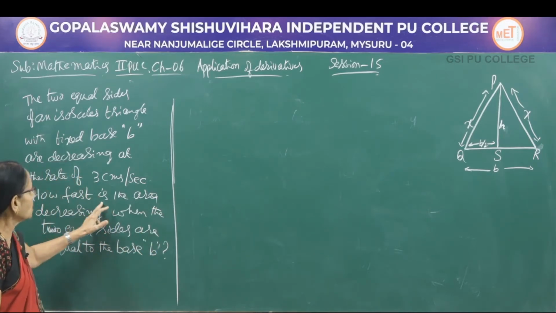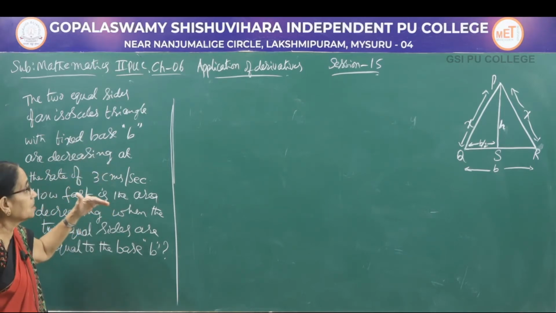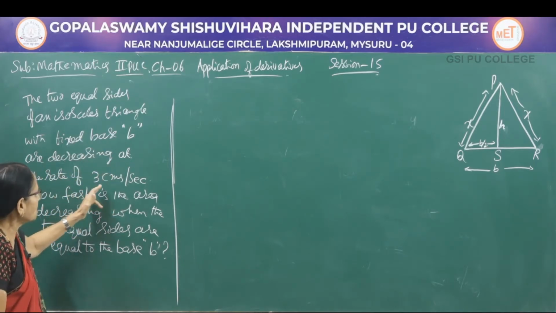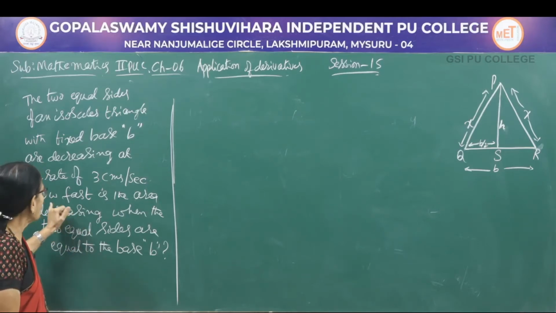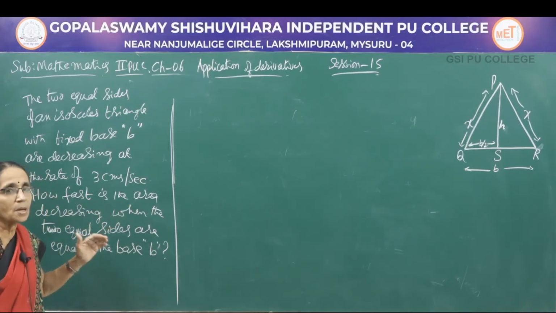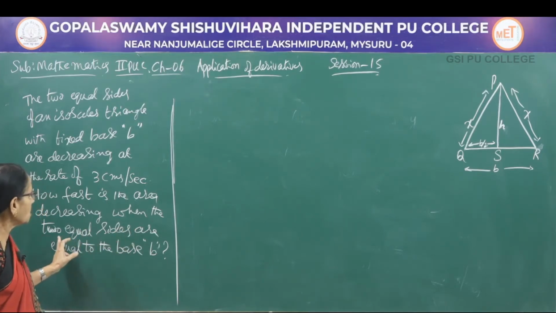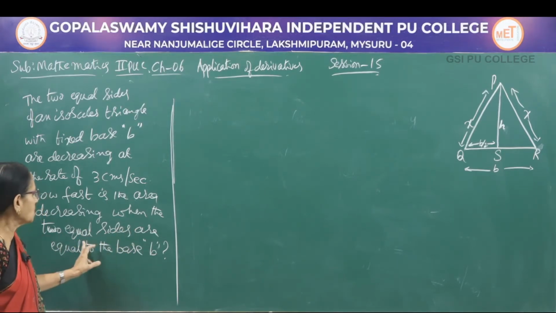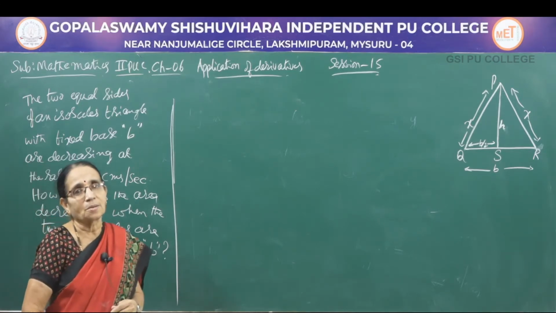Now, how fast? See, both the sides are decreasing. The length is decreasing at the rate of 3 centimeters per second. What has to be calculated is how fast is the area decreasing. Under what condition? When the two equal sides are equal to the base B itself.